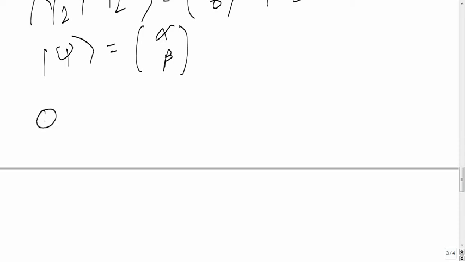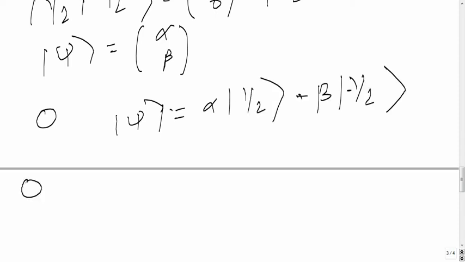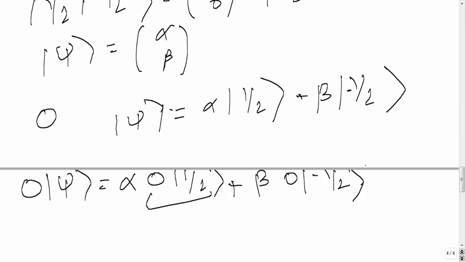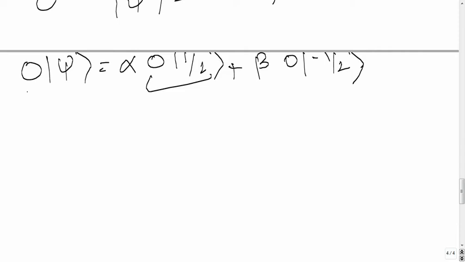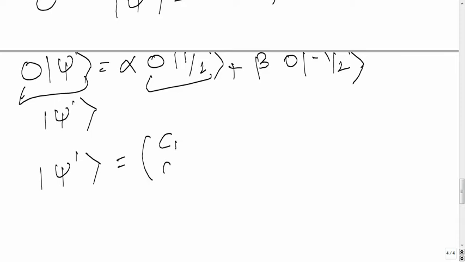We denote that operator as O, and it acts on this general spin state psi, where we drop the half s value because it is the same for both the states. Let us operate this operator on this, and let us denote the resulting state as psi prime, and we wish to obtain it as a column vector of two complex numbers C1 and C2. C1 and C2 are complex numbers.